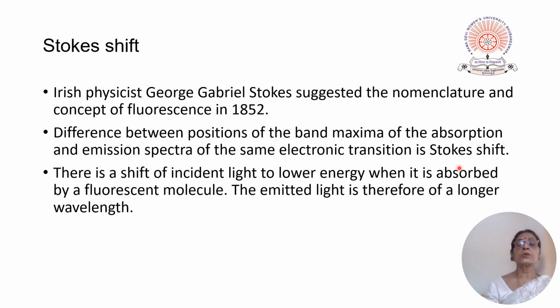It is called a Stokes shift after the name of the scientist. So there is a shift of the incident light to lower energy when it is absorbed by a fluorescent molecule. That is why the emitted light is of a longer wavelength than the incident light. So this shifting of the emission is called as Stokes shift.